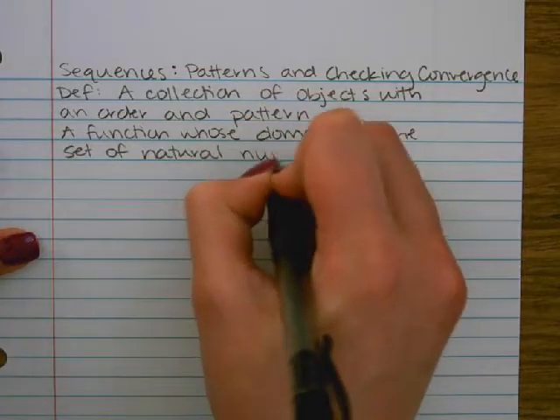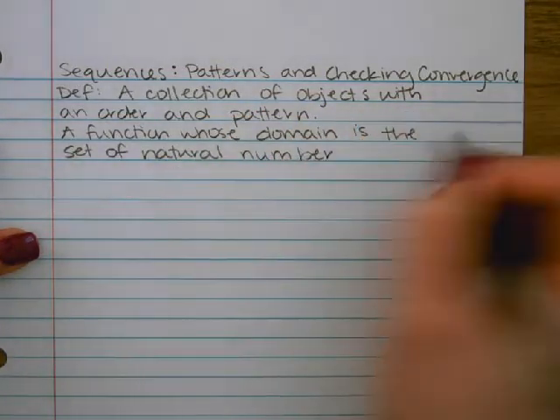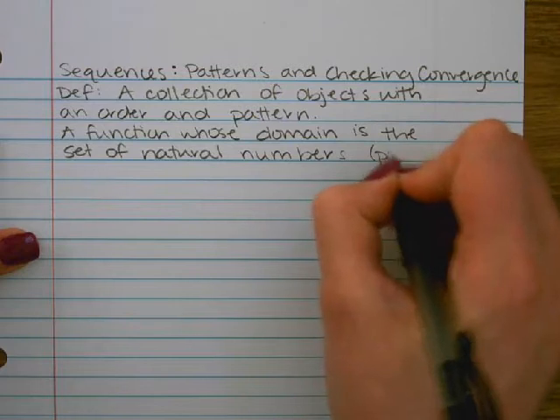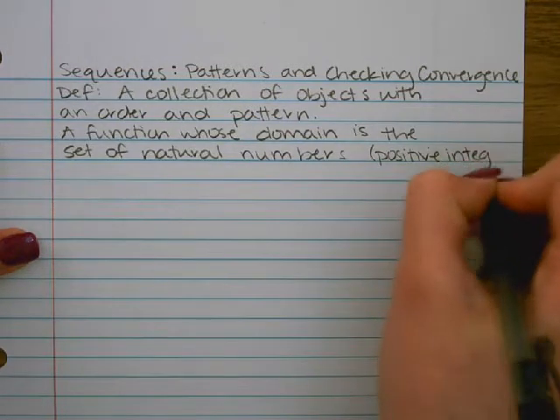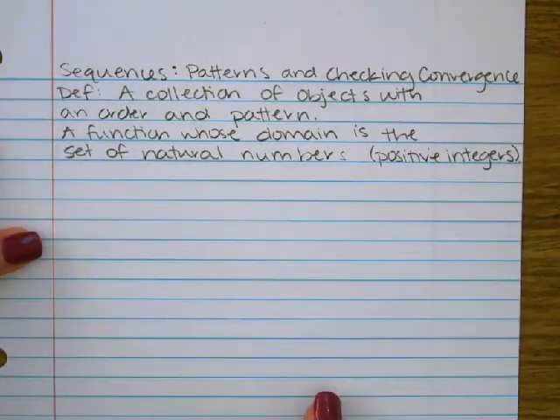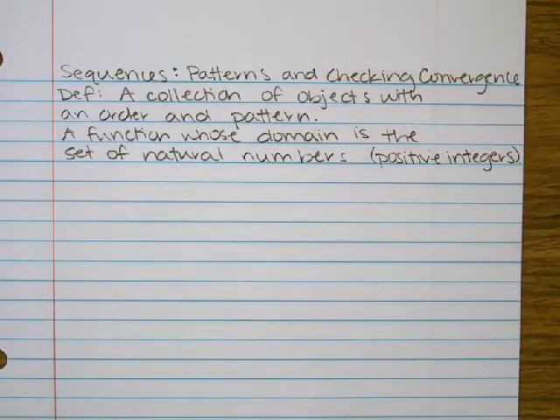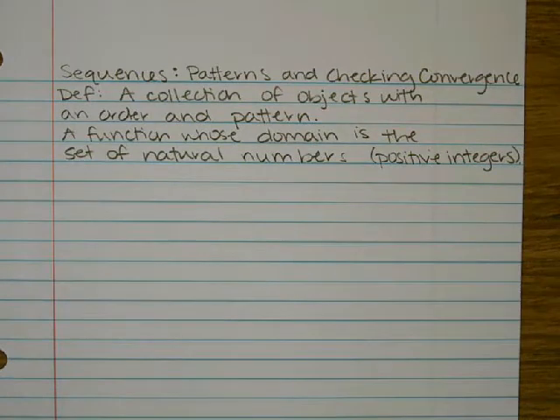And natural numbers you might think of as counting numbers, so those are positive integers: 1, 2, 3, 4, 5. That's what the natural numbers are. So typically when we think about sequences, we think the first term is this, the second term is this, the third term is this, the fourth term is this, and there's some sort of pattern to help you get from one number to the next.